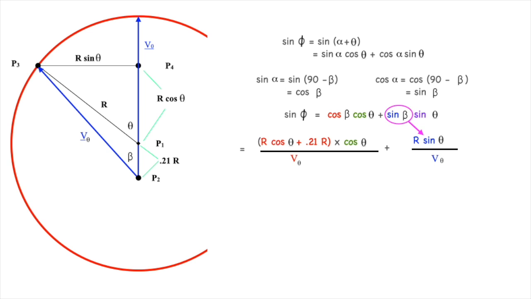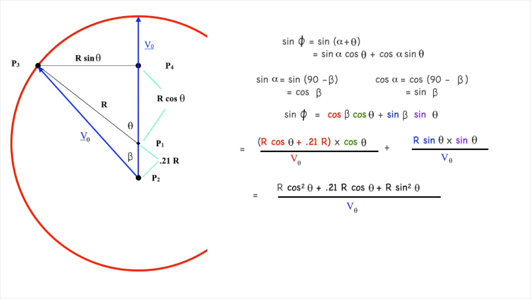Next, we recognize that sine beta equals r sine theta over v sub theta. When we multiply that quantity by sine theta, we have a new way of writing the second term of our expression for sine phi above. Expanding the numerator of the first term and adding it to the numerator of the second term, we get r cosine squared theta plus 0.21 r cosine theta plus r sine squared theta all over v sub theta.